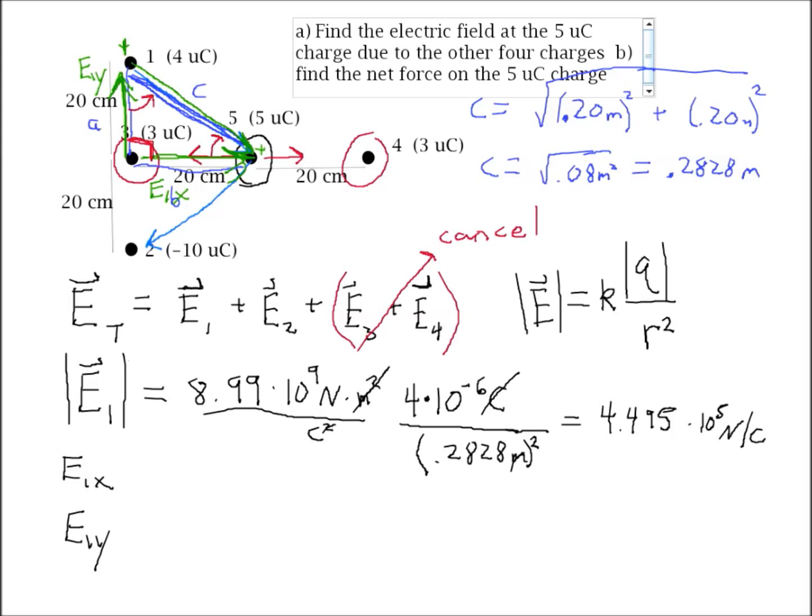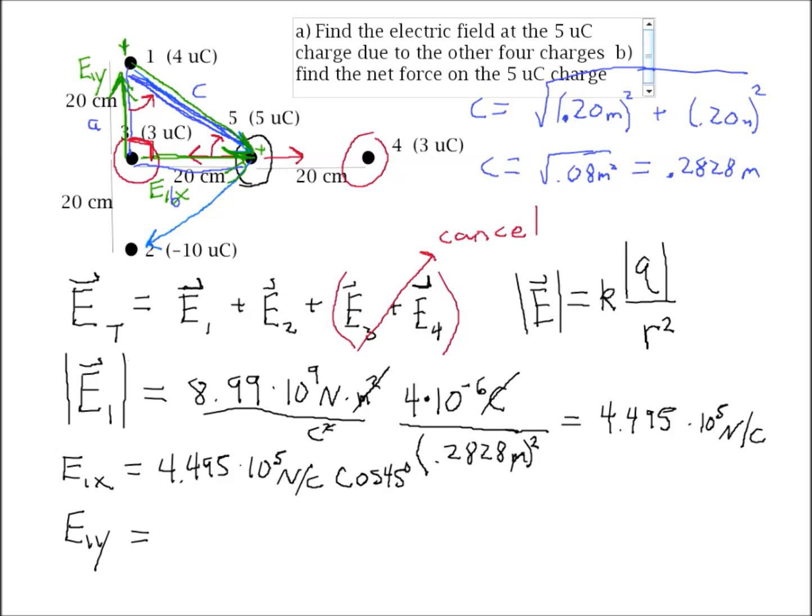We've got a 45-degree angle here and a 45-degree angle here. So we can use trigonometry and the 45-degree angle in order to find E1x and E1y. E1x, since it's adjacent to the angle next to the hypotenuse of that triangle, will be equal to 4.495. That's the total electric field.